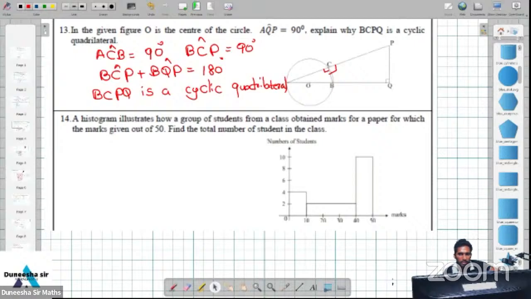Find the total number of students. මෙන්න මේකේ උස කීයද? How much the height of this bar? Histogram bar එකේ උස කීයද? How much represent, how many students represent it? Who can tell me? First one, first bar, how much represent?